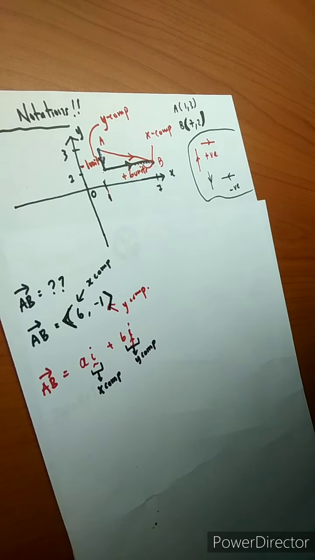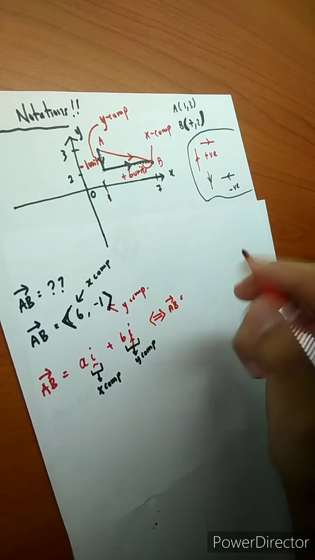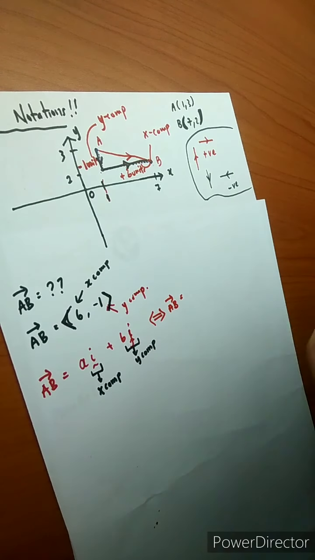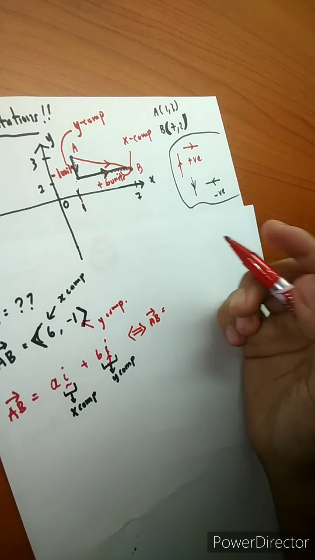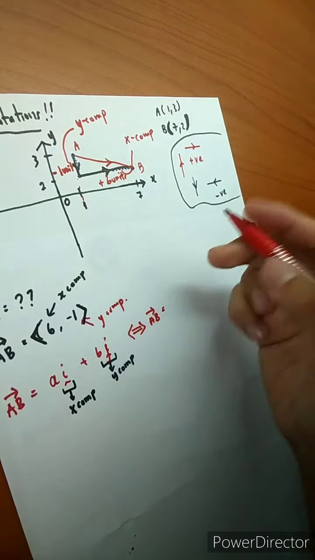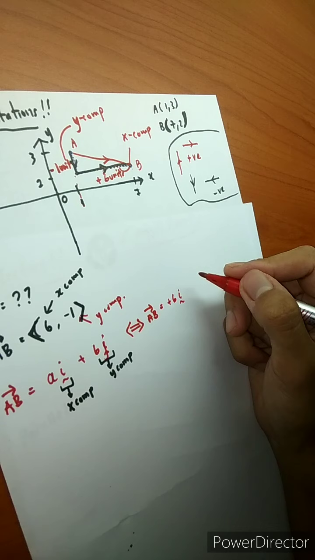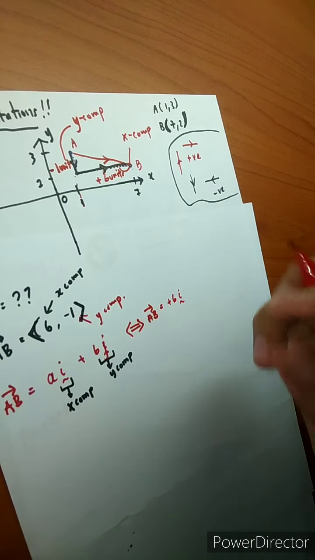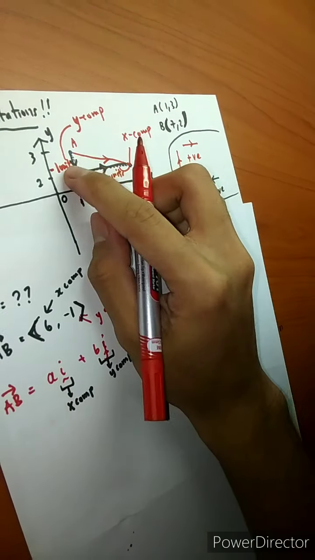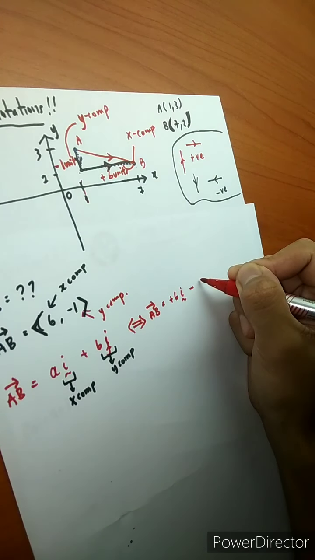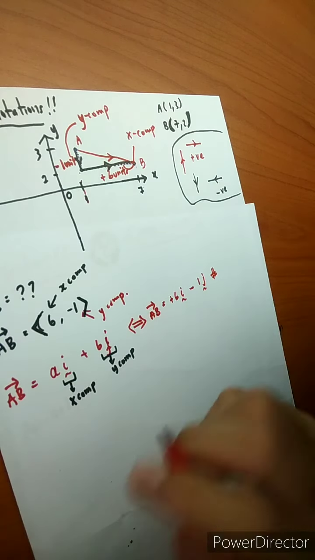Then we can represent vector AB as: a is how big the x component is, positive 6i, and b is the value of the y component over here, negative 1j. And this is the second way to represent it, besides this way.